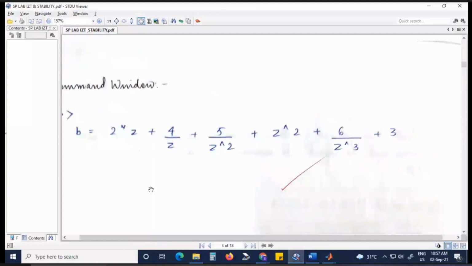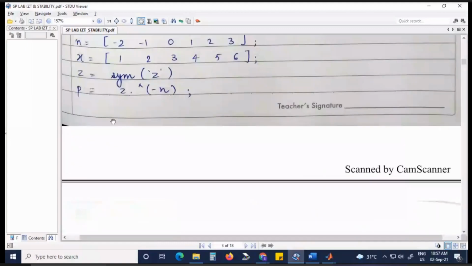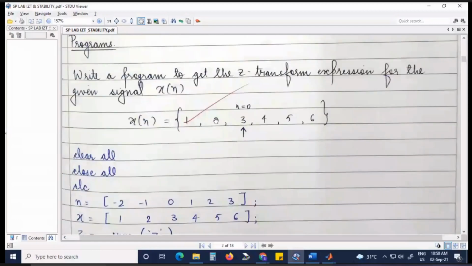Sir, excuse me, sir. Yes. Sir, there you defined that as a symbol. Then that power minus n, I didn't understand that part, sir. Z actually is to the power minus n according to the formula of the Z transform.